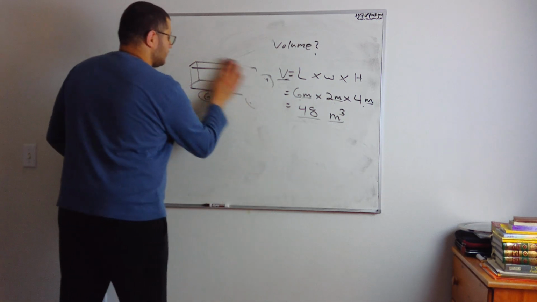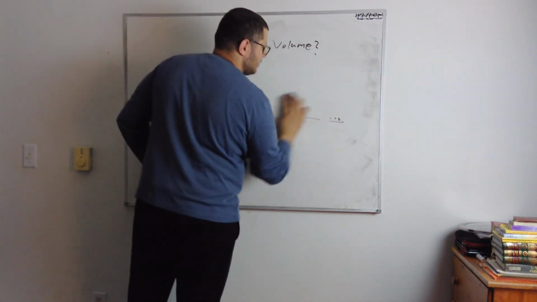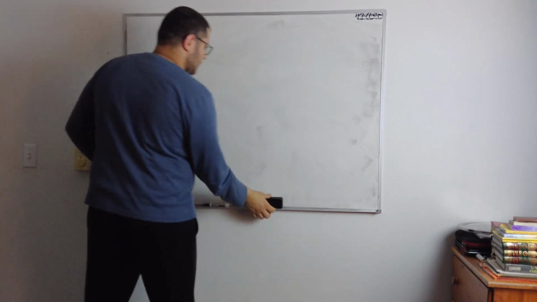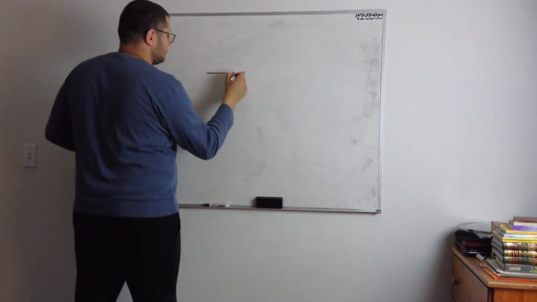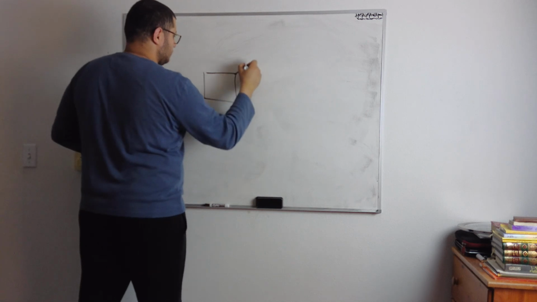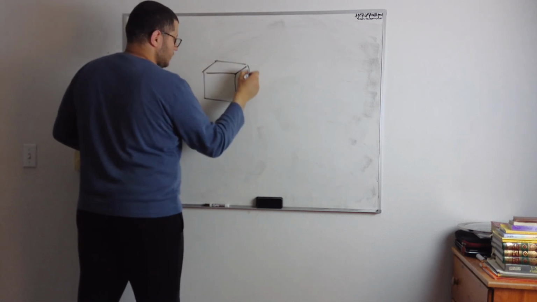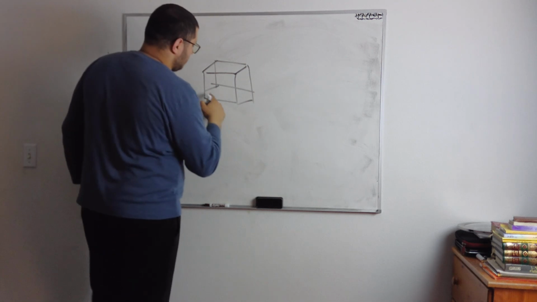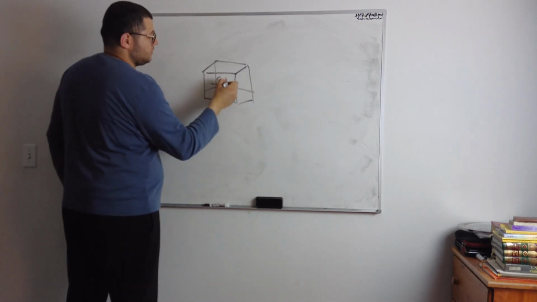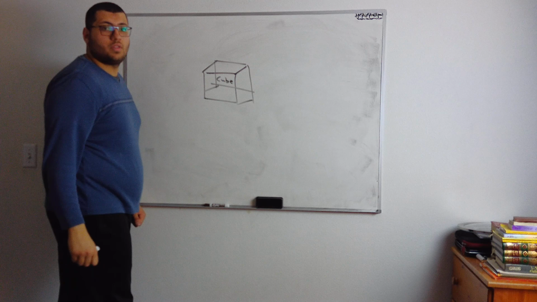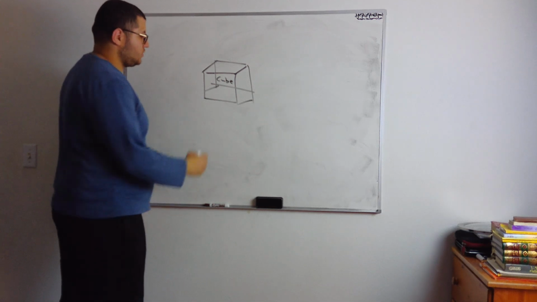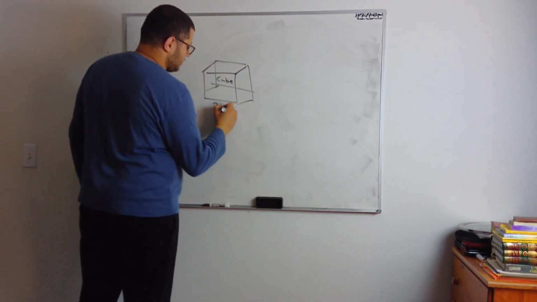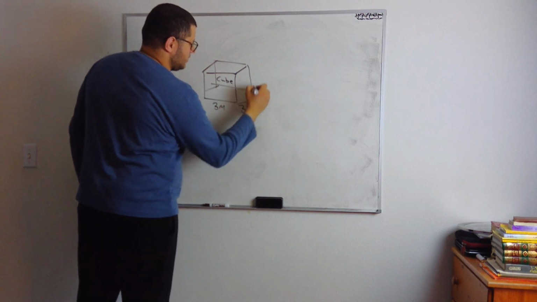Let's try a cube now. This was a rectangular prism. Now let's find the volume of a cube. We have a cube. Remember, a cube is the 3D version of a square. So if this is 3 meters, then this is also 3 meters, and this is also 3 meters.